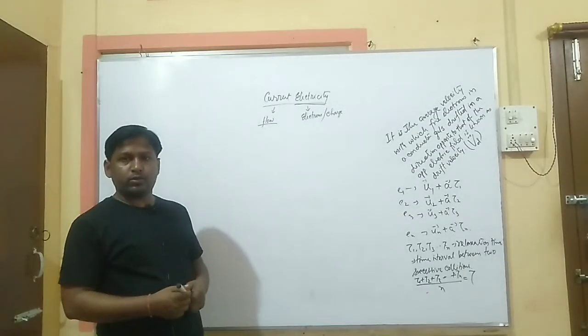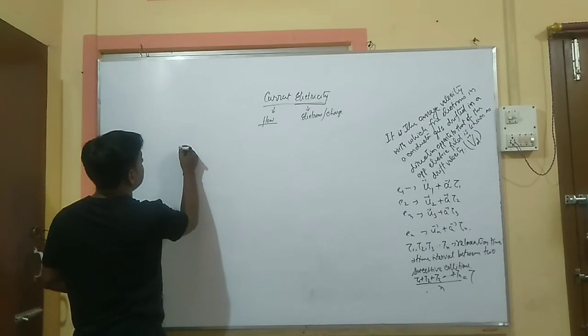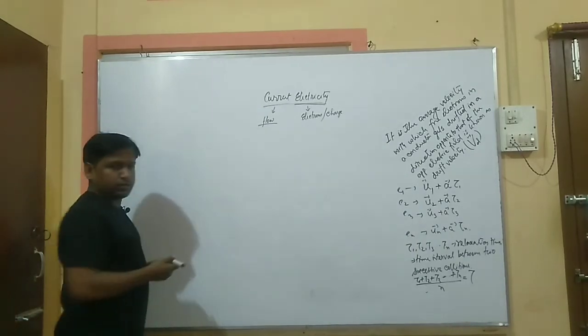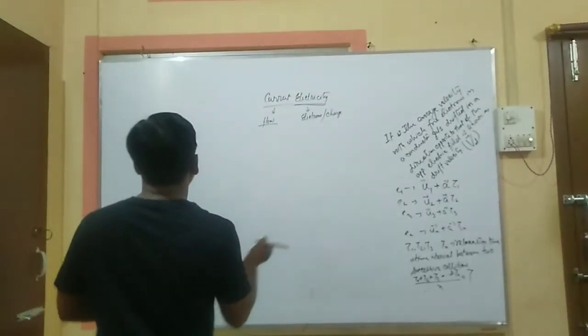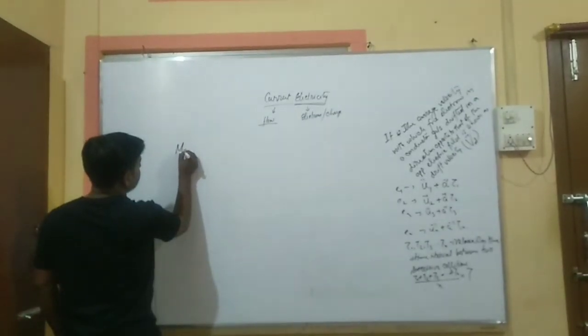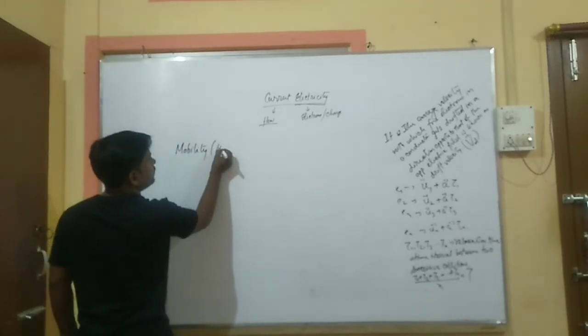Now we will talk about another important term relating to drift velocity. This is mobility, which is denoted by the symbol mu.